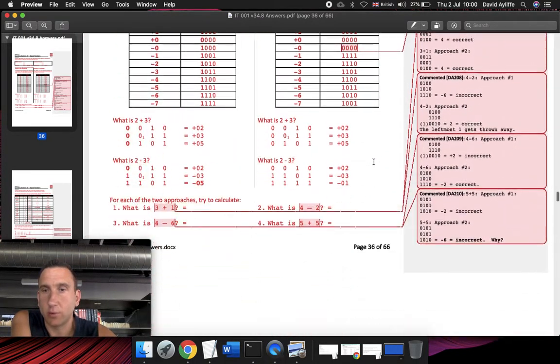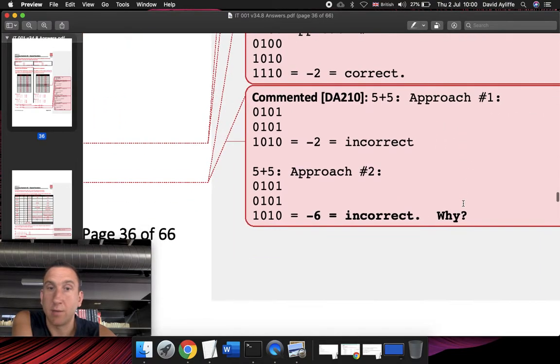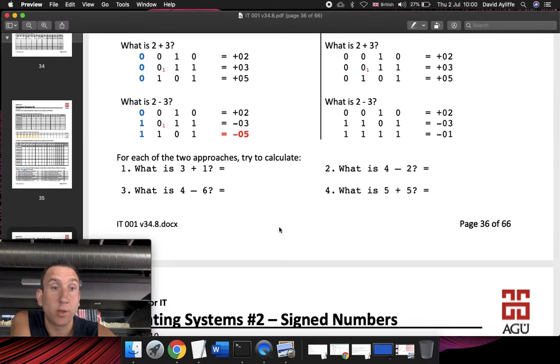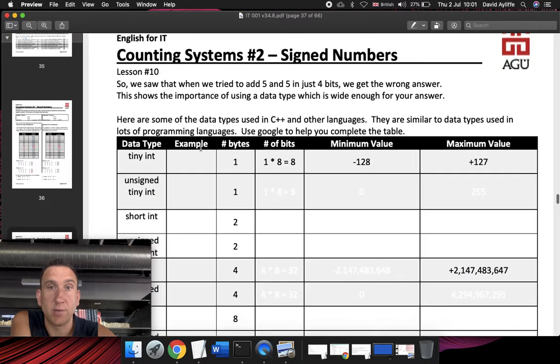And this is called an overflow, and this is an example of an integer overflow. We're trying to add 2 numbers, but the destination is not big enough to hold the result of those 2 numbers. This is called an integer overflow, and this is really quite common in computer engineering.